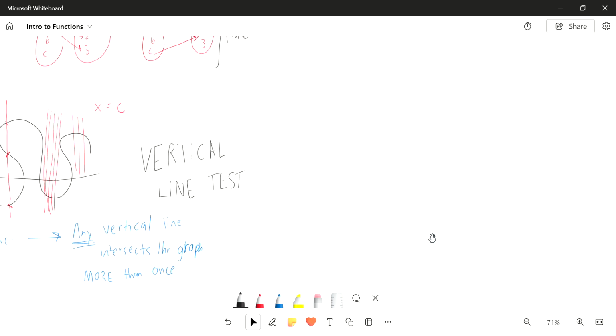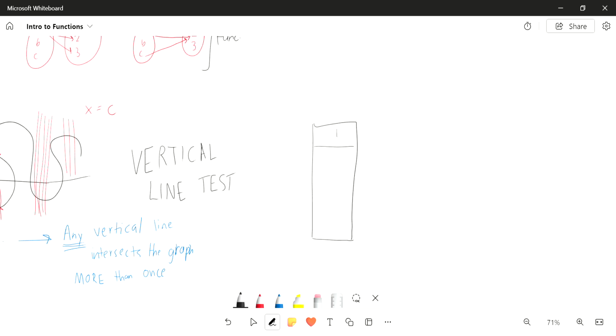But if you have a table of values, then you would need to check the x values. So say, for example, you have 1, 2, 3, 4, 5, 6, 7. And then you have 2, 4, 6, 8, 10, 12, and 14.